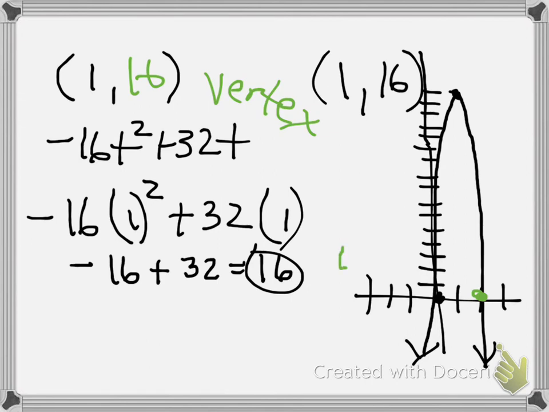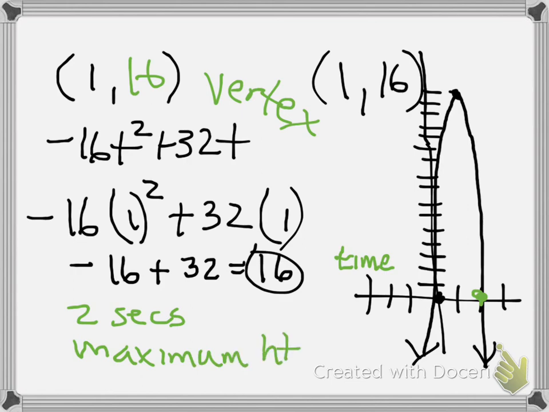This is time. The x-axis is time. And it was for 2 seconds. 2 seconds in the air. And the vertex is 1, 16. The maximum height is 16. That's how high it is.